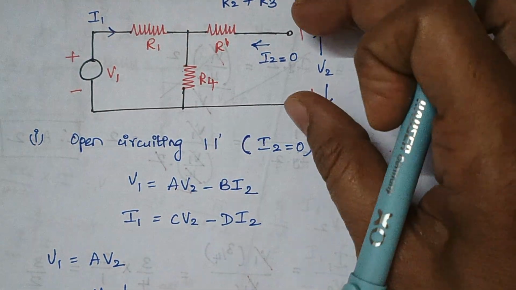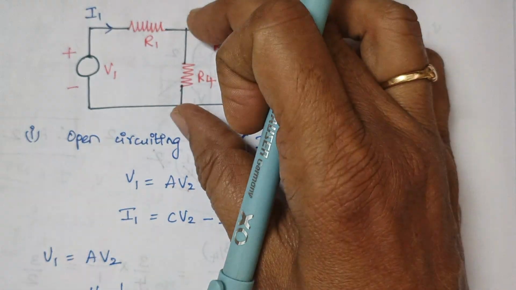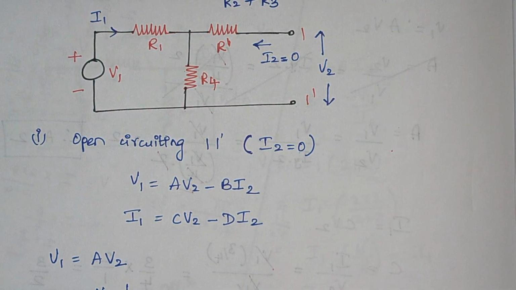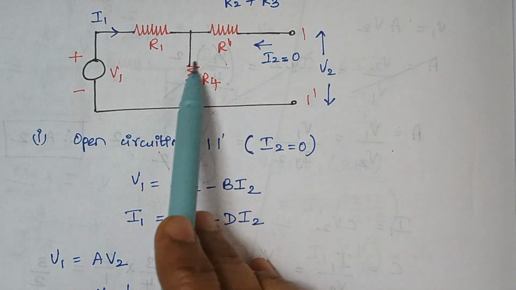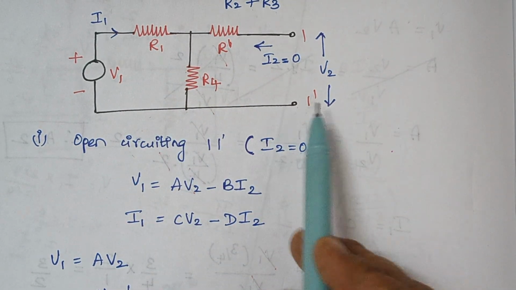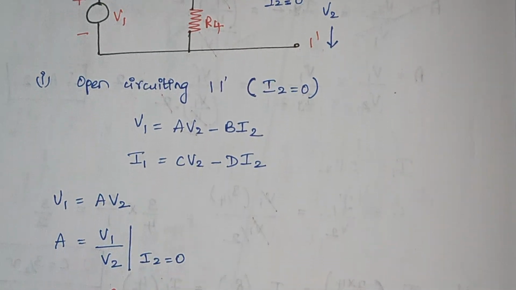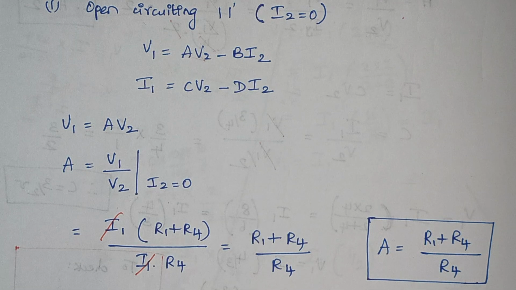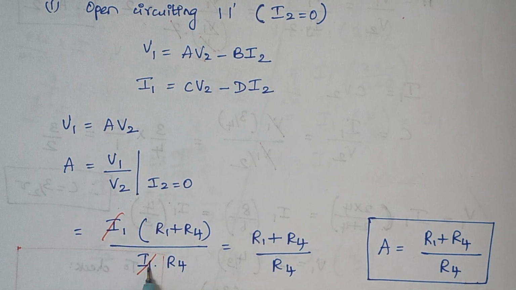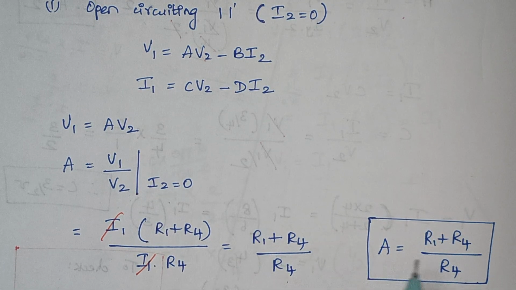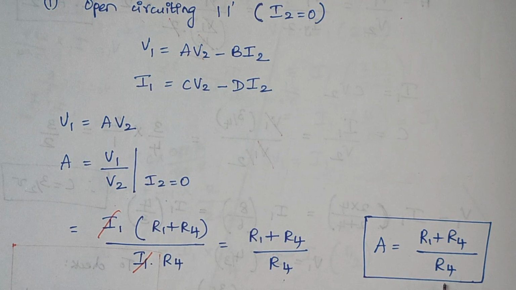Therefore, V2 is given by, what is the current that flows through this R4? It is I1. So V2 is nothing but I1 into R4. Now the I1 gets cancelled and finally we have R1 plus R4 divided by R4. So this is your value of A.